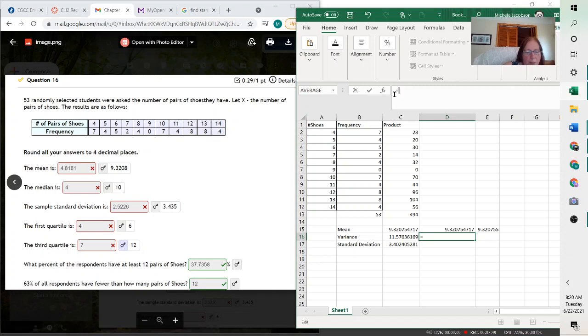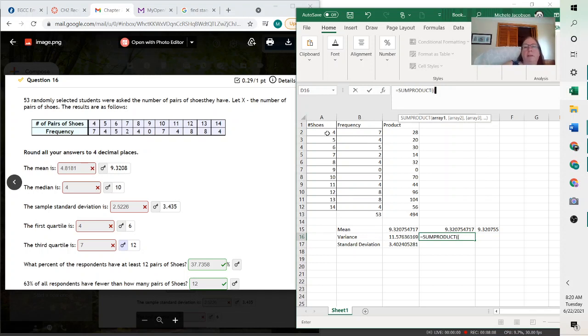equals sum product. Then we want to take each of these. Wait, let me put a parenthesis first.